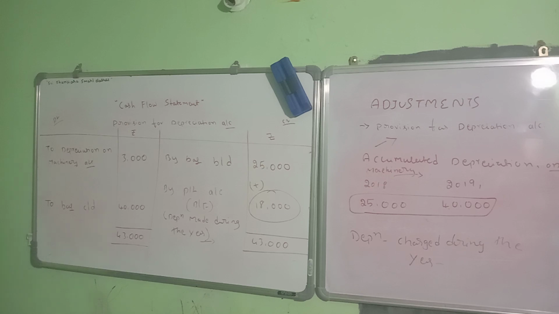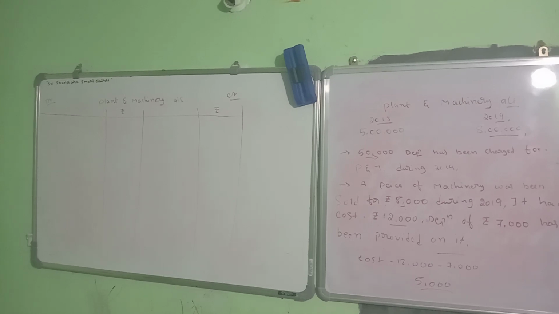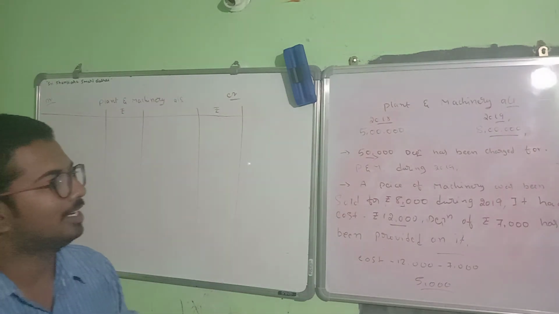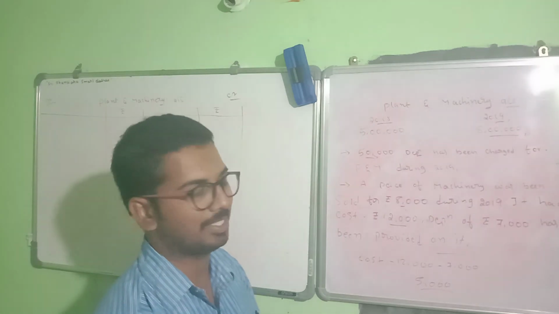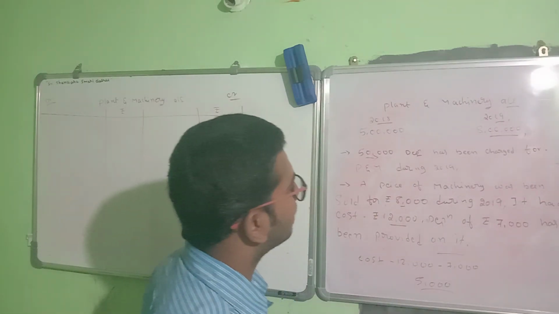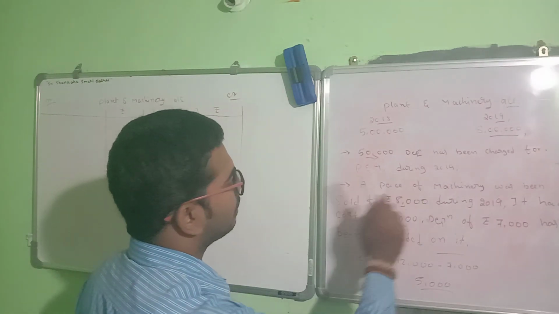So we'll see one more account relating to how you prepare the plant and machinery account. Plant and machinery, we know, is an asset account. They have given opening and closing values related to plant and machinery, and some additional information. First, depreciation of 50,000 has been charged for plant and machinery during the year 2019.